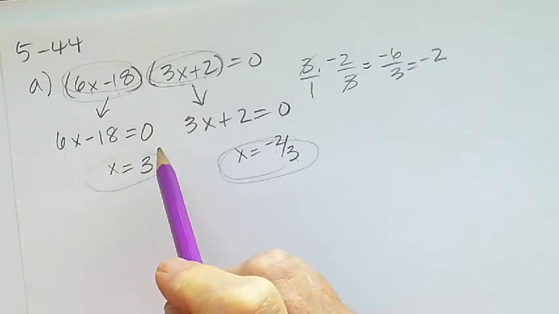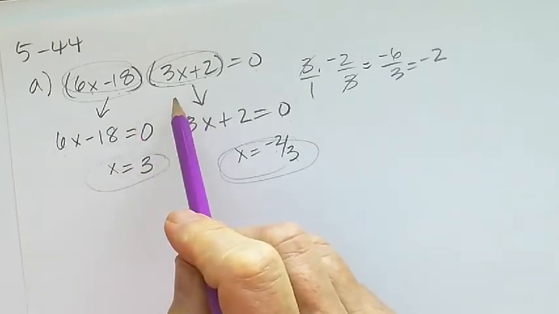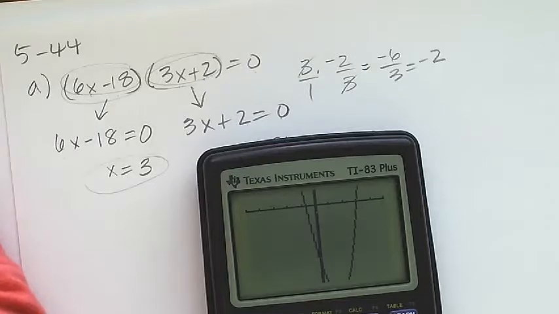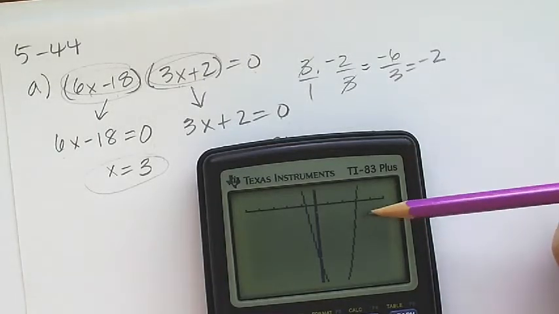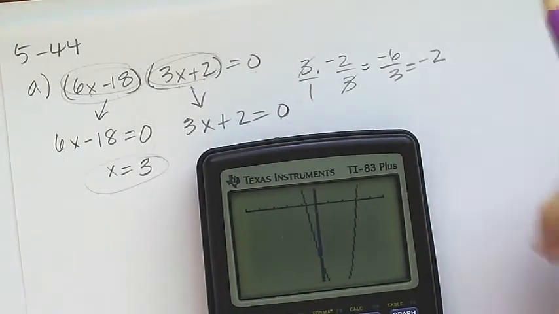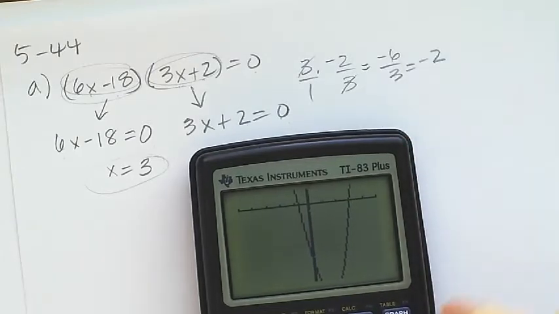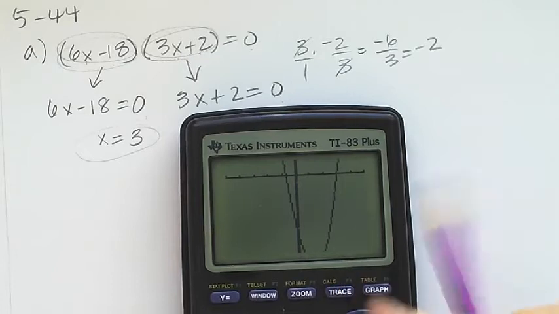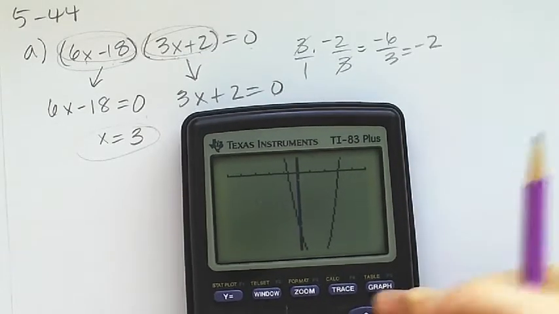And another way to check this would be to graph it. If you graph it on Desmos, I'm going to show you on my graphing calculator. So when I graphed it, I noticed that it's hitting the x-axis. I'm going to press, and you can do this on the calculators that we have. It's just easier to see on the video with this calculator.